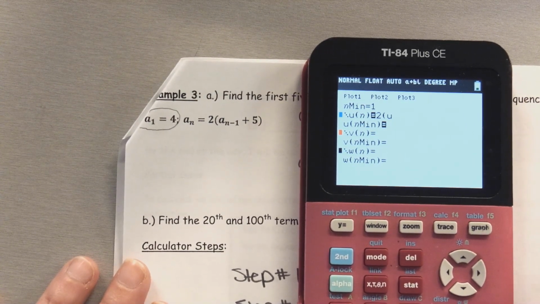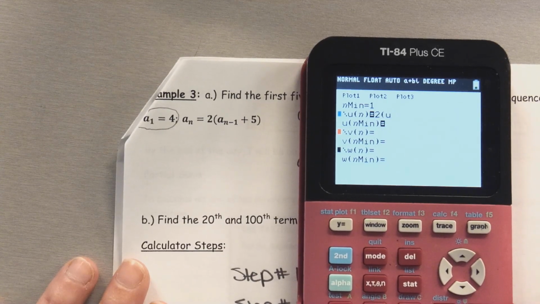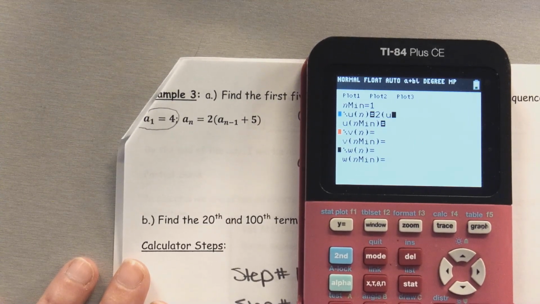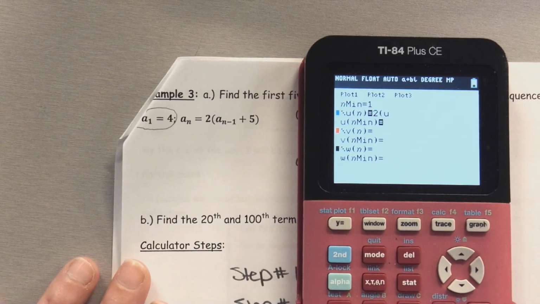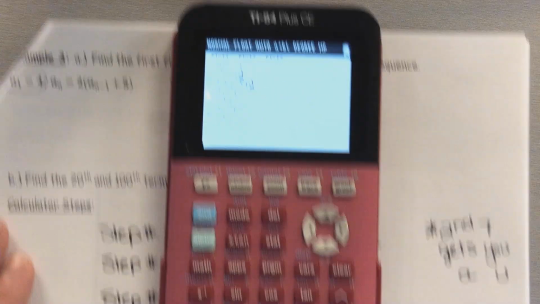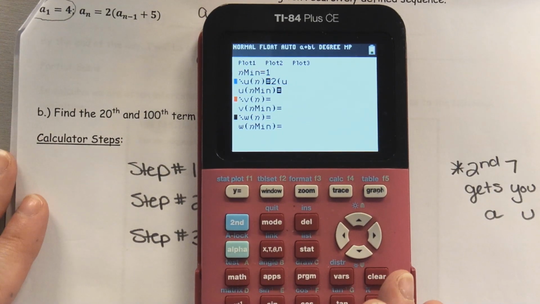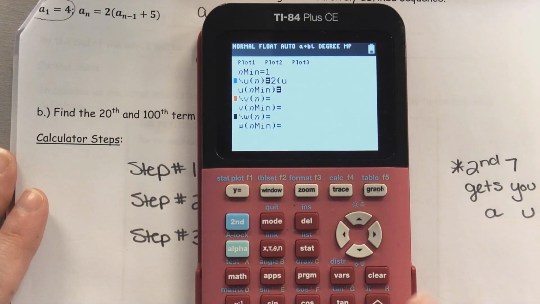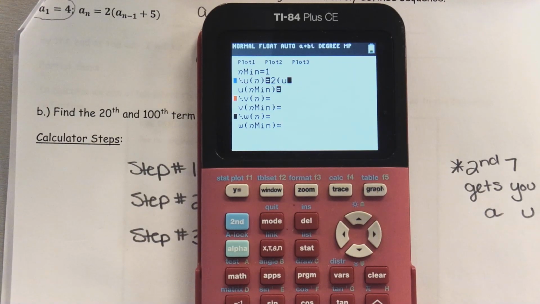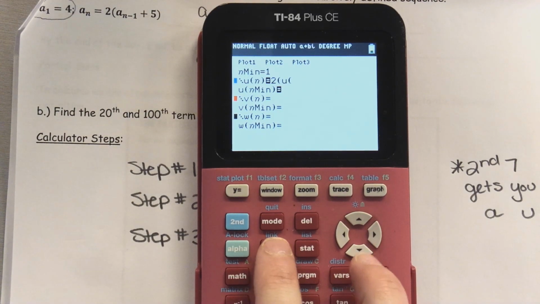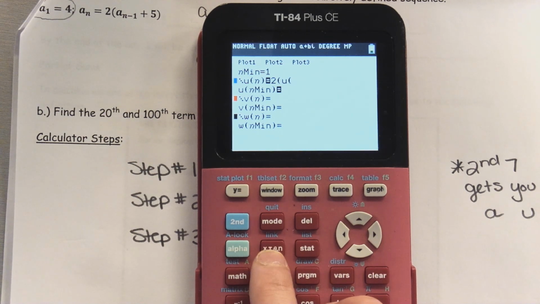So second 7 gets the U. Kind of a funny way to write it, but that's what I'm going to put. Okay. Then, in parentheses, we need n minus 1. So we can't do a subscript, so you're going to put a parenthesis. And we're going to use the variable key for the n. So the variable key gets you the n.